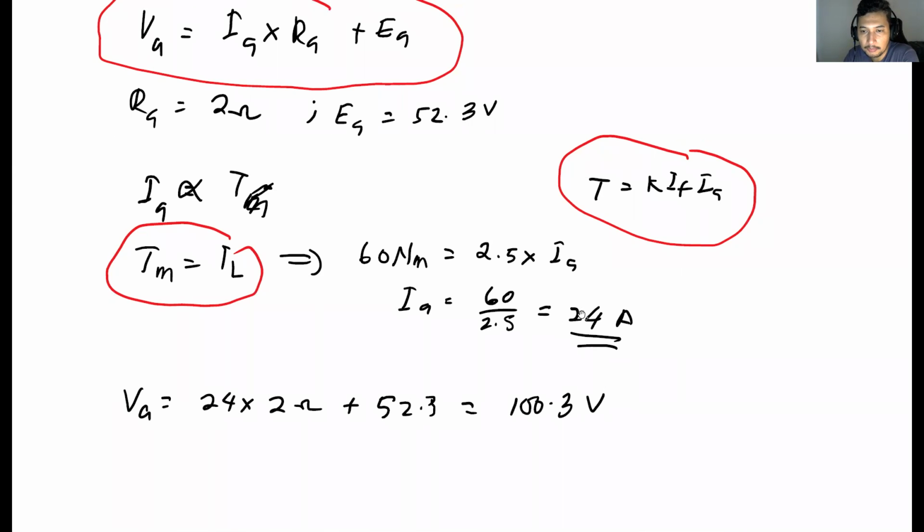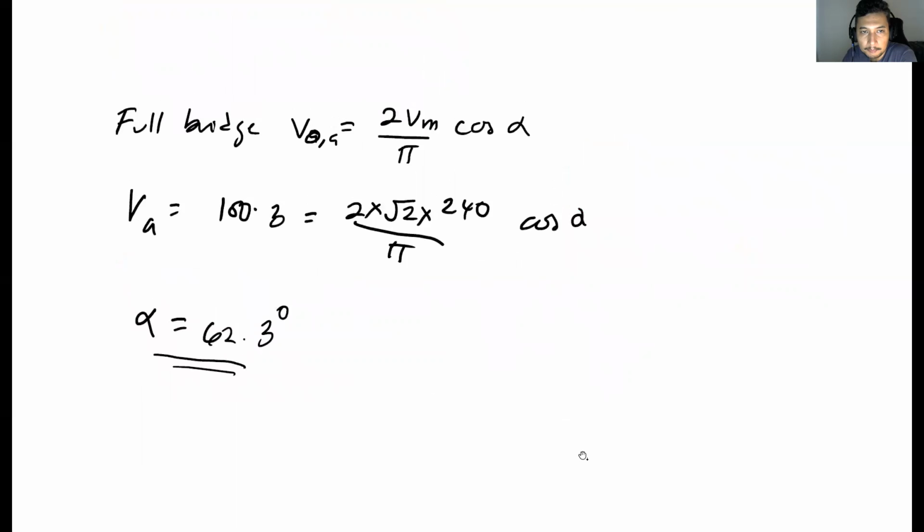Then we have finally obtained IA, so we have complete values here. 24 multiplied by 2, plus 52.3, which is your back EMF. Then you will obtain your VA of 100.3 volts.